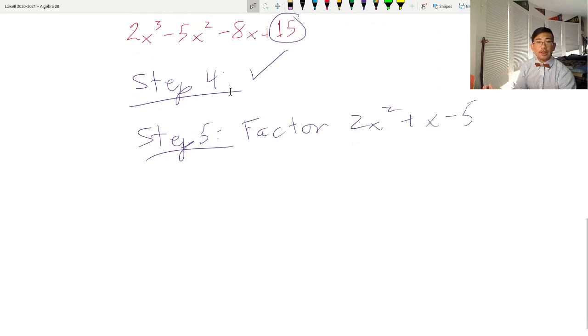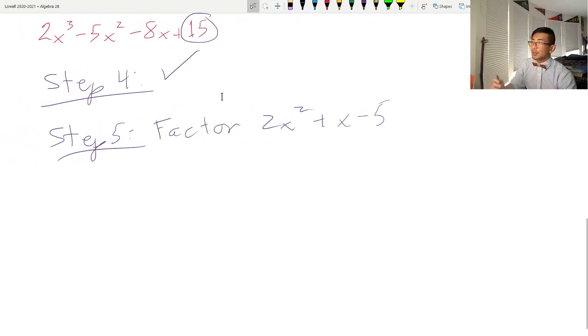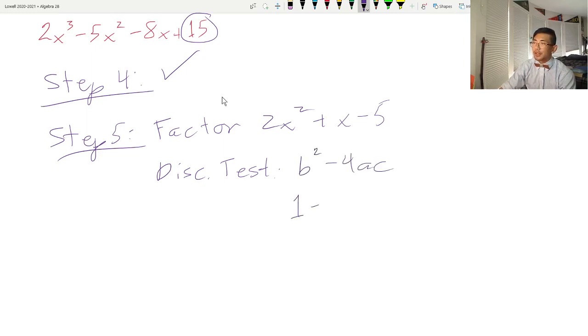So it might be factorable and it might not be, but let's just double check using our discriminant test. So b squared minus 4ac. I'll get 1 minus 4 times 2 times negative 5. So be careful here.